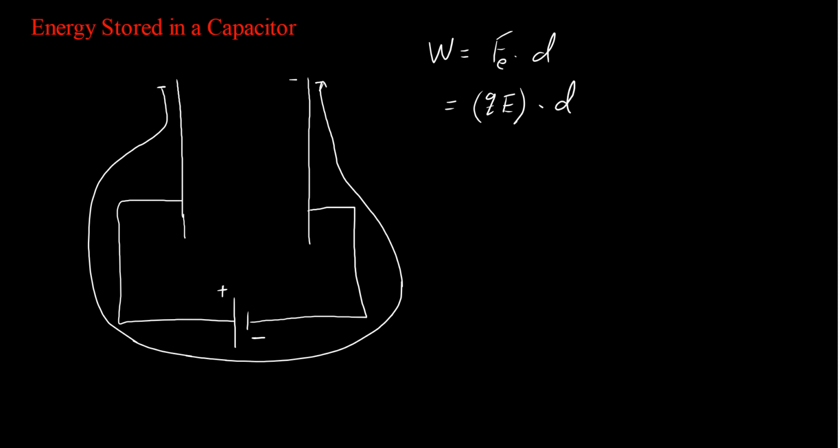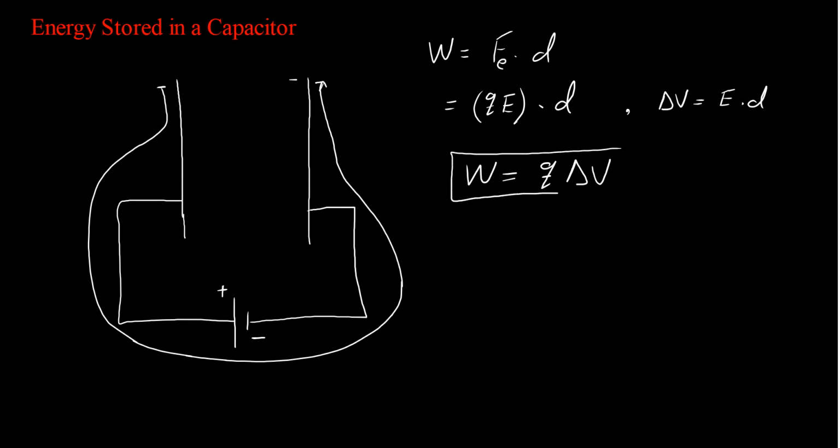We also know from another occasion that the potential difference between the two plates is the electric field multiplied by the distance between the plates. So from here I can say that the work done by the battery to move these charges equals the charge multiplied by the potential difference between the two plates.